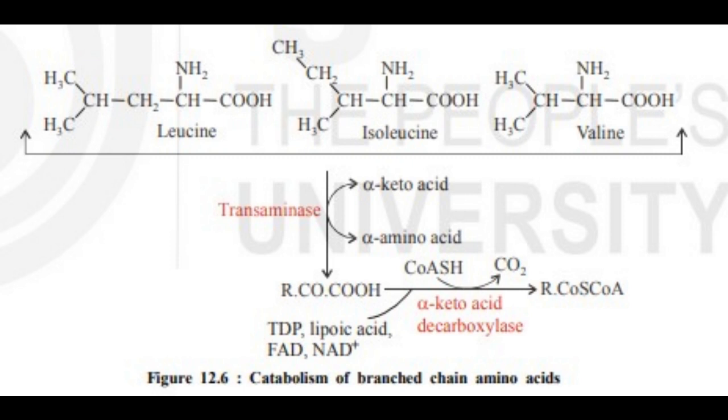In the catabolism of these 3 amino acids, they first undergo transamination as shown in figure 12.6. Transamination, you already know, is a process undergone by various amino acids during their breakdown, as you may recall reading in Unit 8.